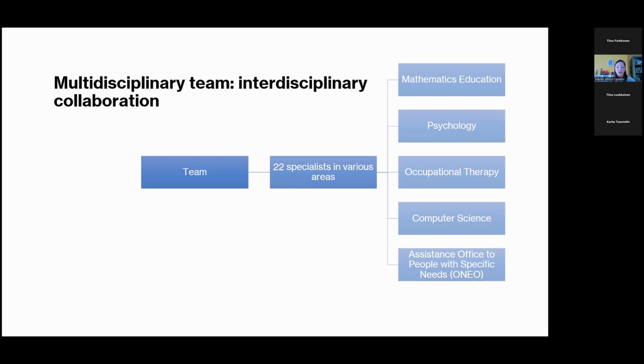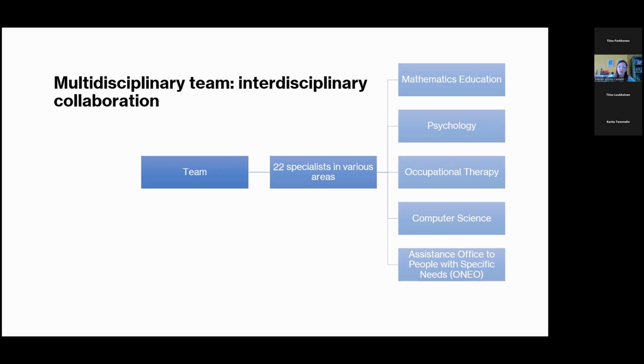And we also have computer science and artificial intelligence, so they work on the creation of inclusive digital tools. And finally, we have the collaboration of the Assistance Office to people with specific needs of the University of Oviedo, which is in charge of curricular adaptations and support for students with special needs at our university.